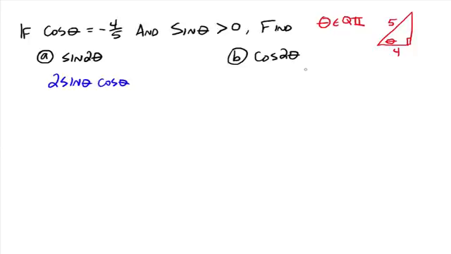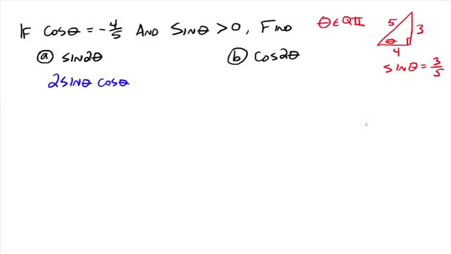You need to know what quadrant your angle's in. That's why cosine theta is a negative number. So you just need the 4 and the 5. That lets you figure out that the other side is 25 minus 16, which is 9, so it'll be 3. And therefore, the sine of theta is equal to 3/5, opposite over hypotenuse. Everybody see that?